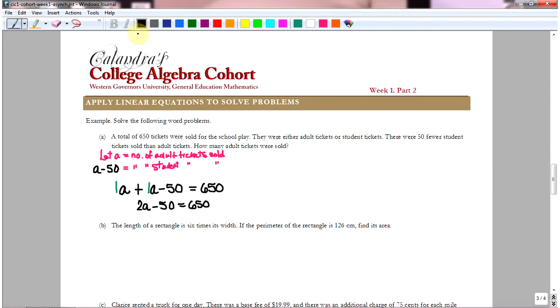Next I need to add 50 to both sides so that I can get my variable isolated. Once we do that, we have 2A is equal to 700. My last step is to divide both sides by 2, and we get that A is equal to 350.